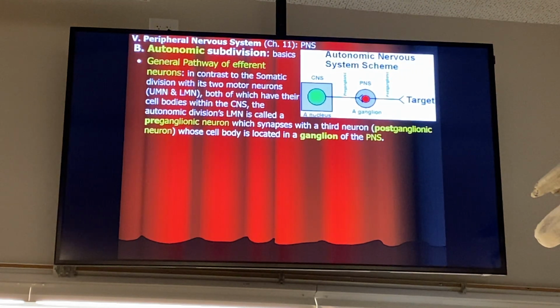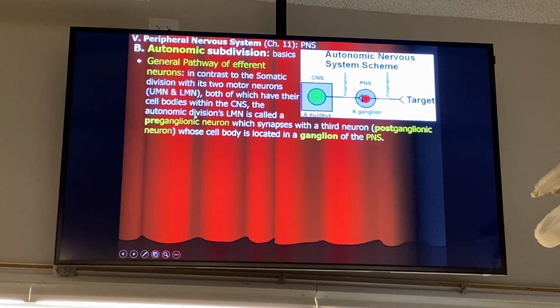So here, now you know what UMN and LMN means. Upper motor neuron, lower motor neuron. In the somatic side, there's only the two. On the autonomic side, the lower motor neuron in blue is called the preganglionic neuron. Do you see why you want to use colors? Look at that, there's all these words.